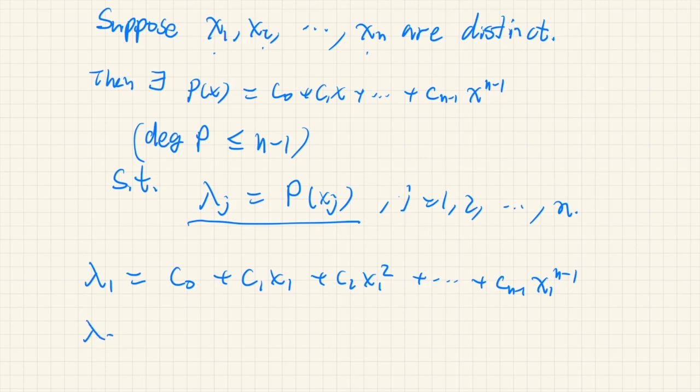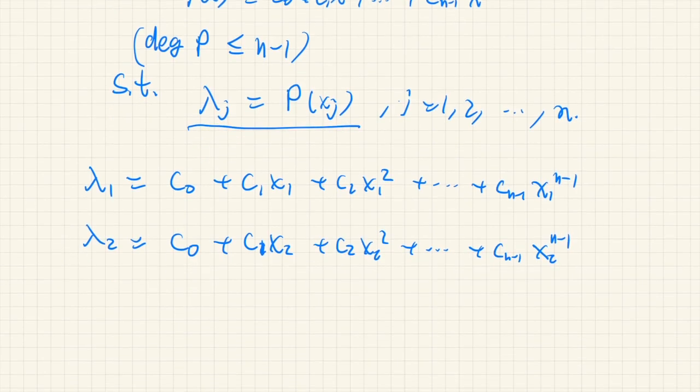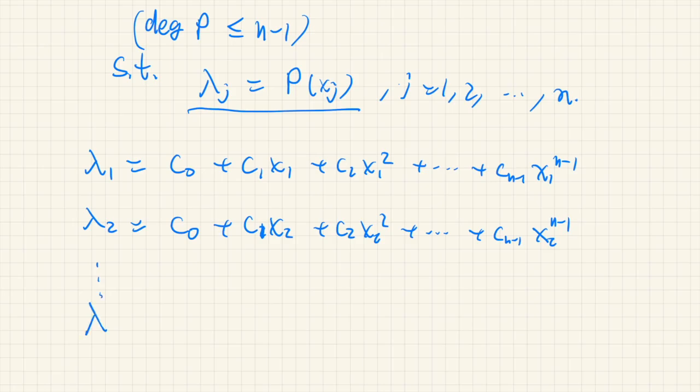And similarly for lambda 2, we have c0 plus c1 x2, c2 x2 squared, and so on, c_{n-1} x2 to the power of n minus 1, and so on. And finally, we have lambda n equals c0 plus c1 xn, c2 xn squared, and so on, c_{n-1} xn to the power of n minus 1.